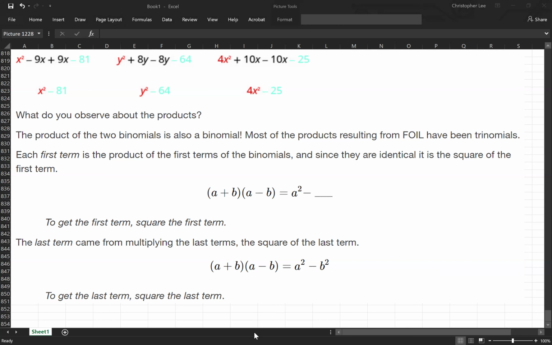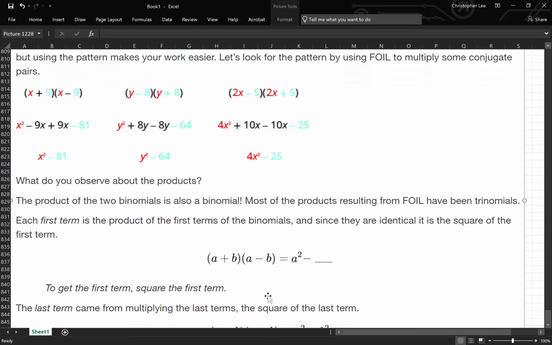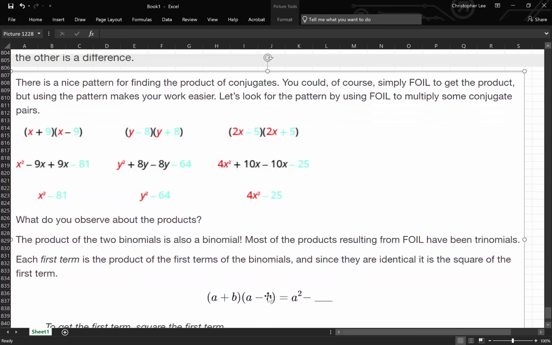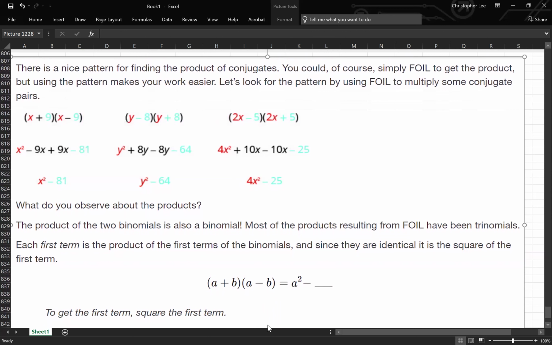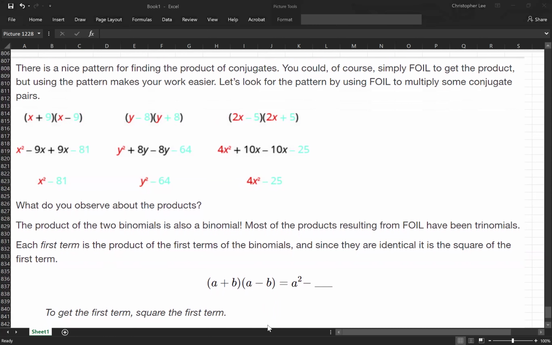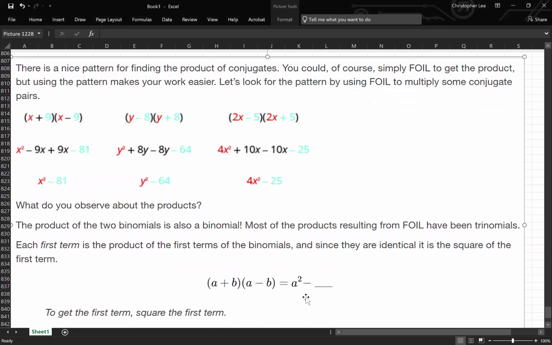Sure. Right here is good? Okay. Why is that a problem?